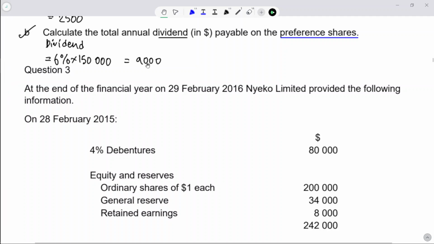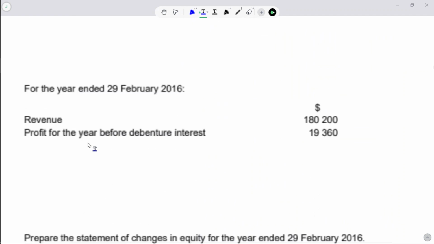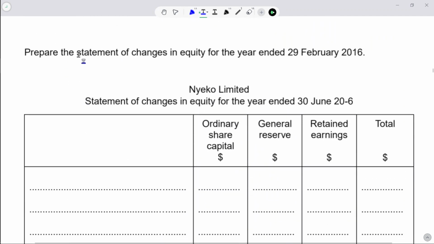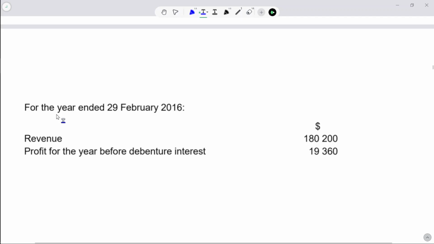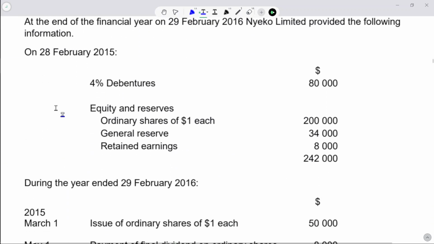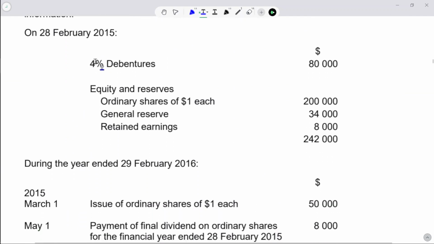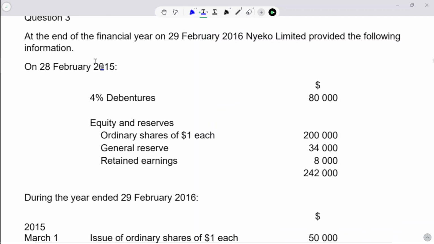Question 3 wants us to prepare the SOCIE. This is just the question now. Let's read line by line. The year end is 2016.